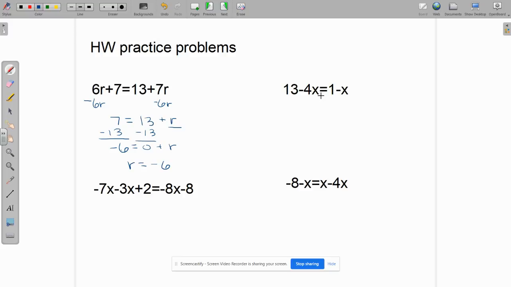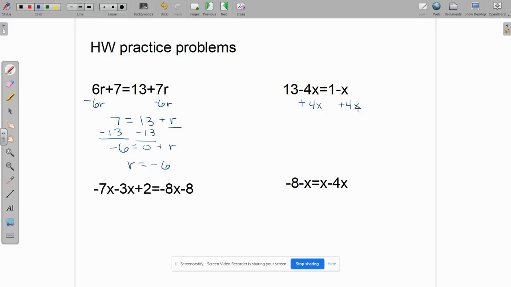So I'm looking at this, and this is a little different because here we're subtracting, whereas all the other ones we've done before are adding, but that really shouldn't make too big of a difference because instead of subtracting your variable, you're just going to be adding it to cancel it out. So here I have my negative 4x. And to get rid of that, I'm going to add 4x to both sides.